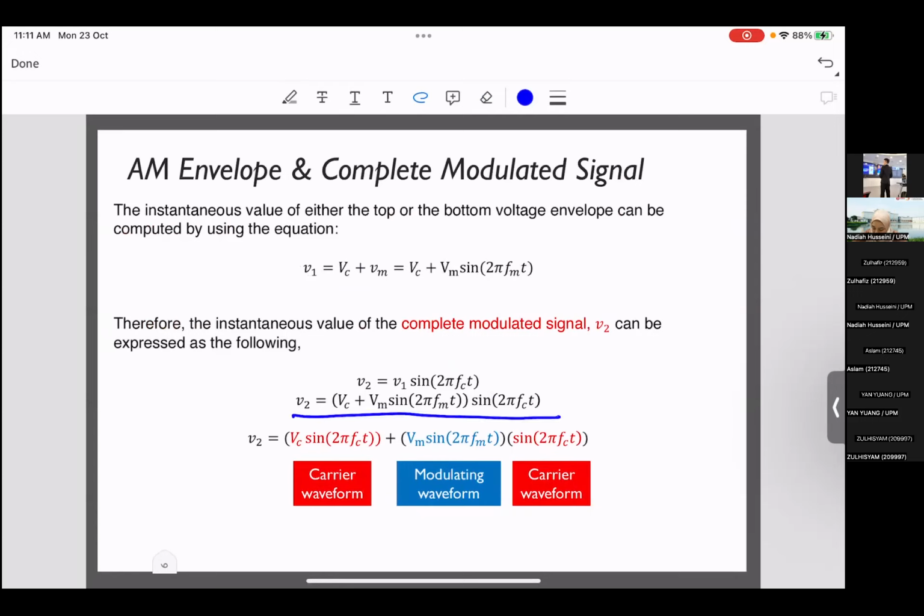This is VM. So VM is basically composed of VC sine 2 pi FCT plus VM sine 2 pi FMT times sine 2 pi FCT. To generate such a signal, you need to multiply the modulating waveform.